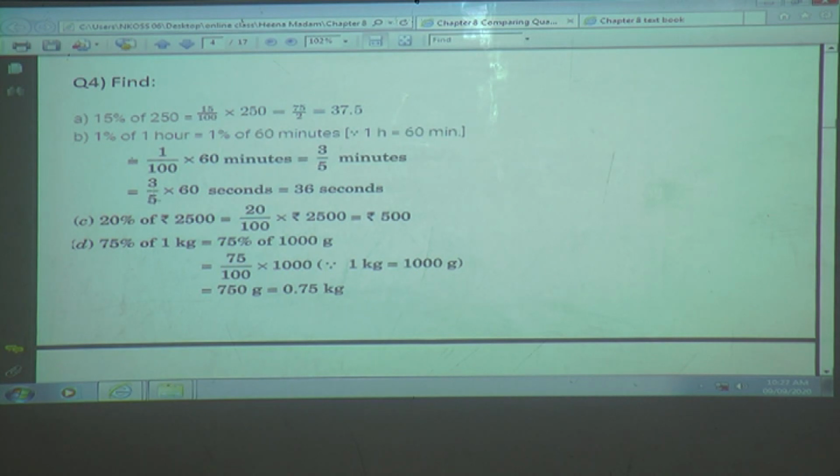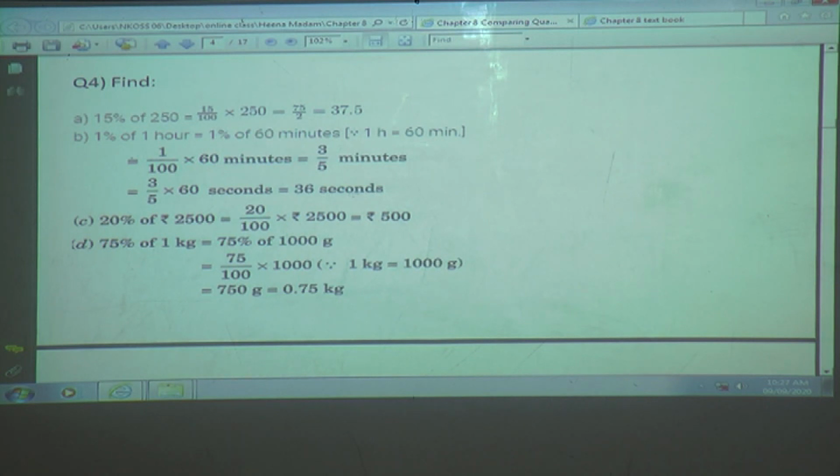So 3 upon 5 multiplied by 60, because 1 minute is equal to 60 seconds. Here again it is possible to reduce, so it will be 36 seconds. So 1% of 1 hour is 3 upon 5 minutes, or 36 seconds.